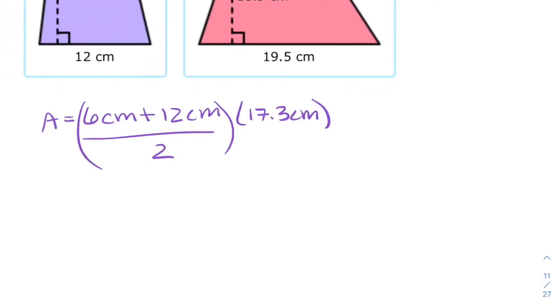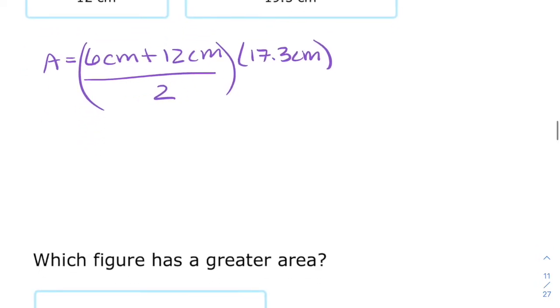And let's do that work. So it's 18 divided by 2, which is 9. So area equals 18 centimeters over 2 times 17.3.